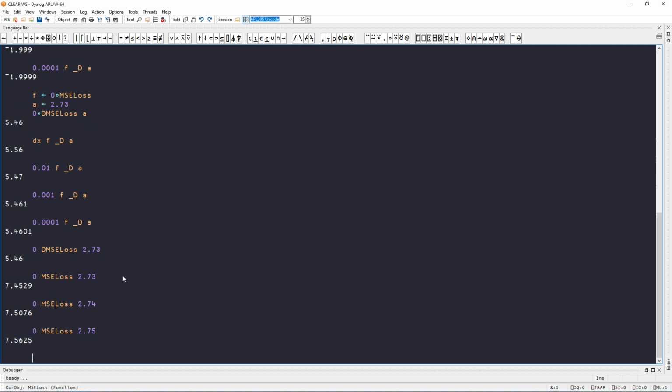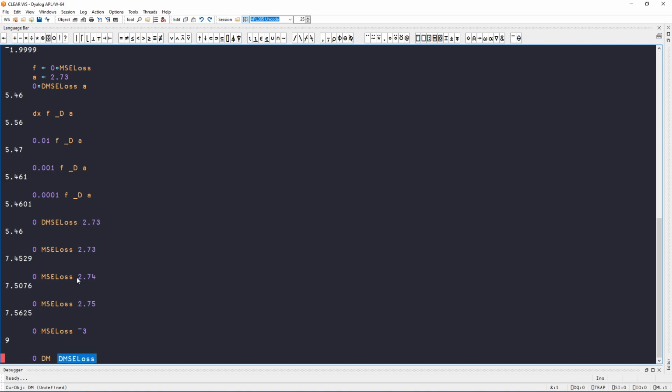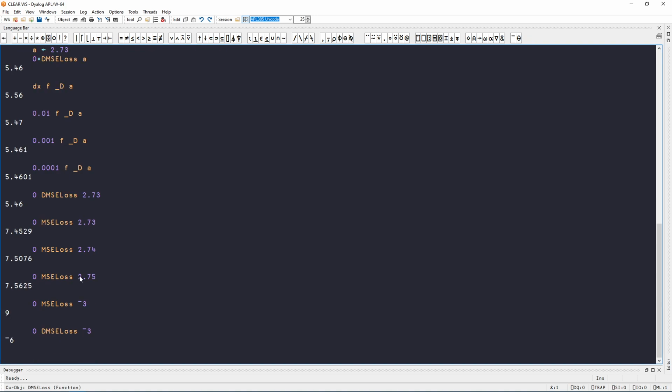Now let's take some other values. Maybe still 0 over here, but on the right, instead of 2.73, let's use the value -3. Now this is the value of the MSE loss. But what is the derivative of the function here? Well, it's -6. It's negative.